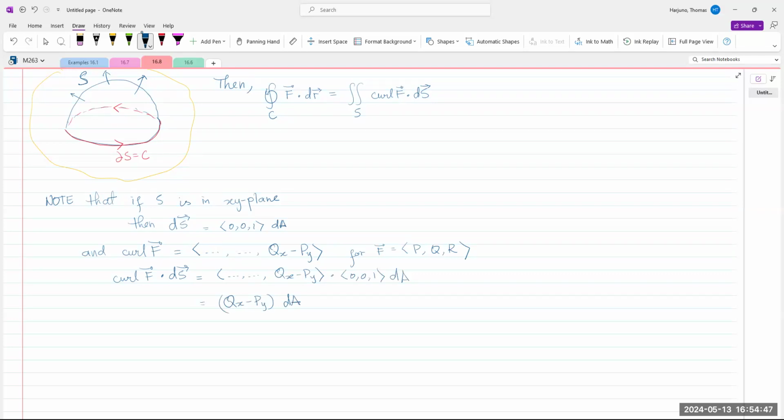So the integral over closed curve C of F dot dr equals the double integral over surface S of Q sub x minus P sub y dA. That is if S is in the xy plane, or slightly more generally, S is parallel to the xy plane.